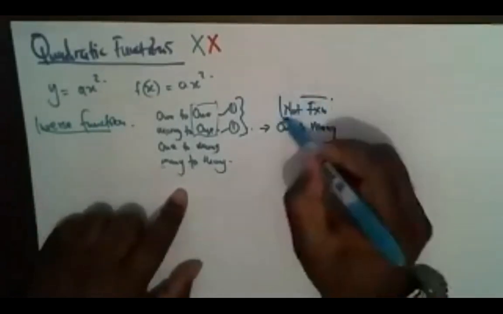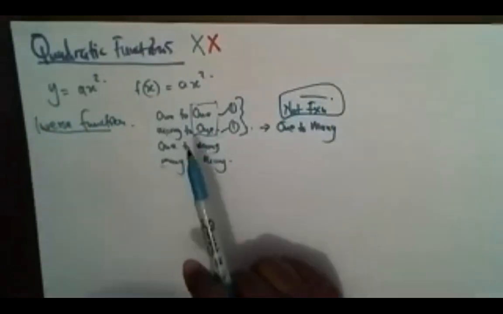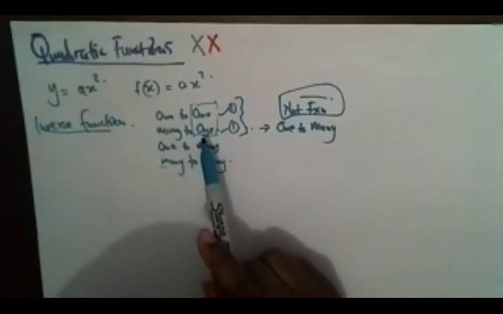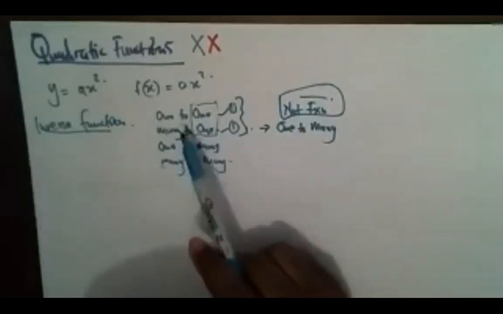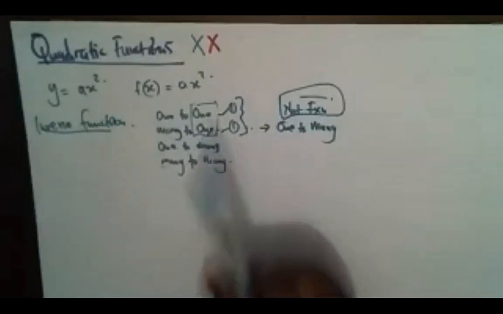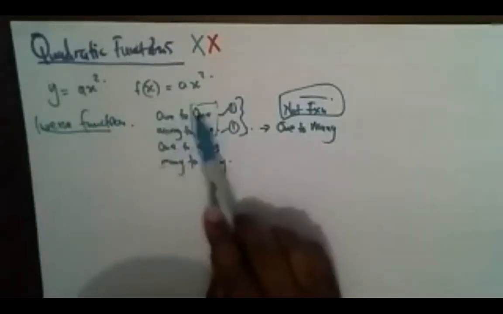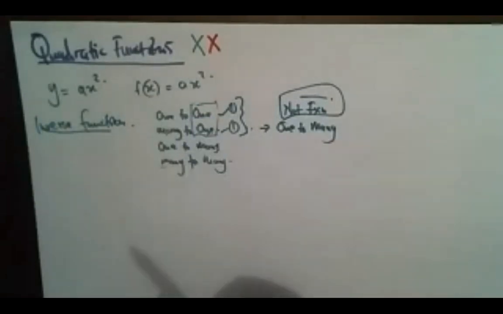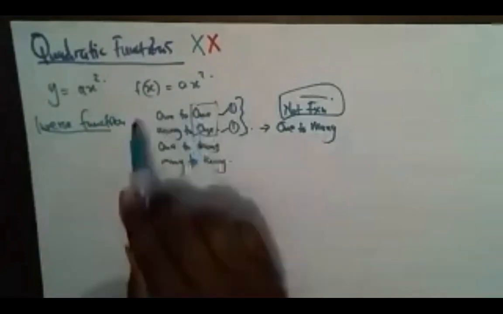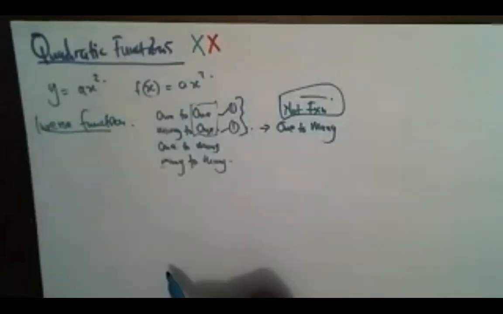So the only inverse that can constitute a function is the inverse of a 1 to 1, which comes from a mapping that is a 1 to 1 function.